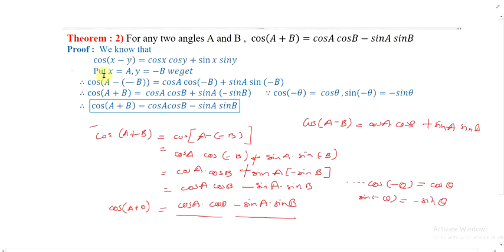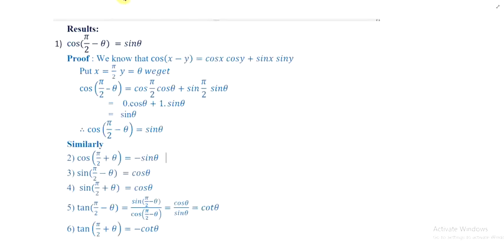Now here if we put x equal to a and y equal to -b, we get cos(a-(-b)), where minus minus becomes plus, is equal to cos a cos(-b) plus sin a sin(-b). But cos(-θ) is equal to cos θ and sin(-θ) is equal to -sin θ. So plus minus becomes minus, and hence we eventually get cos(A+B) is equal to cos A cos B minus sin A sin B. So this is the next result.